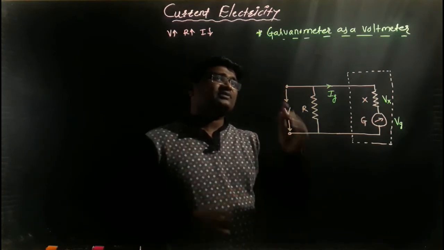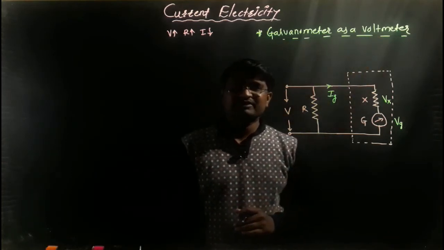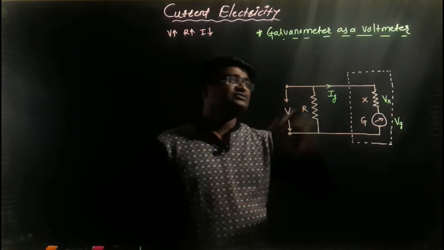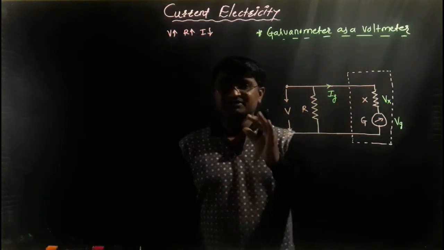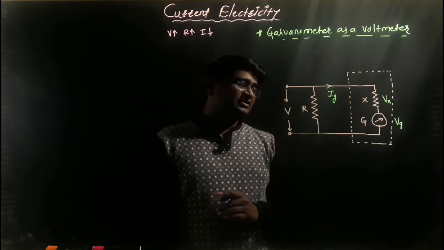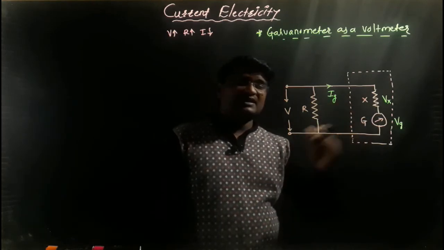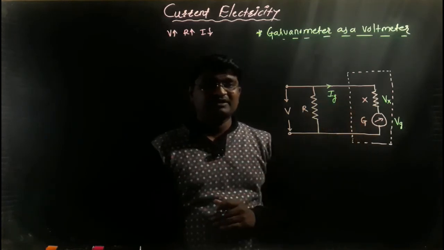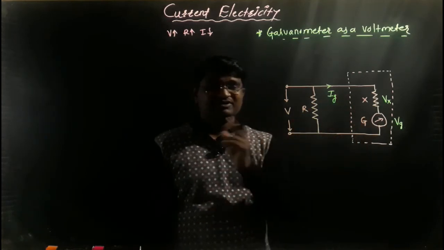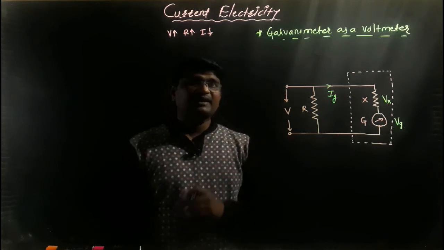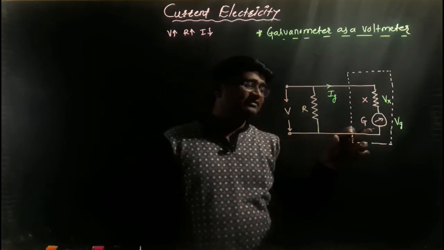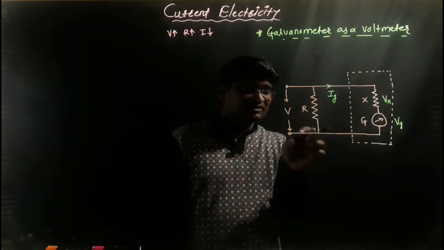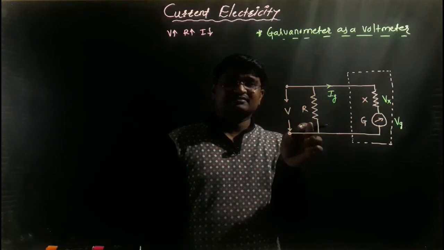When the galvanometer works as a voltmeter: with a galvanometer we measure a very small potential difference, and with a voltmeter we measure a large potential difference. So if the galvanometer works as a voltmeter, its voltage measuring capacity will increase, and according to the same concept, that is why we connect resistance R here.